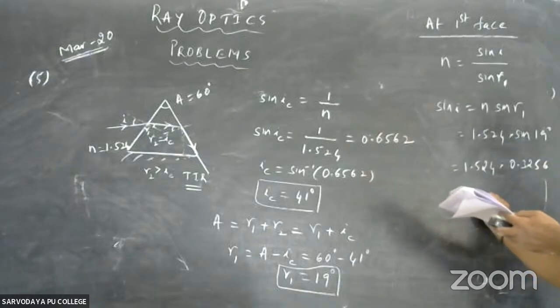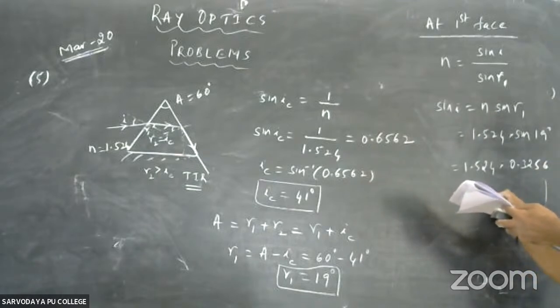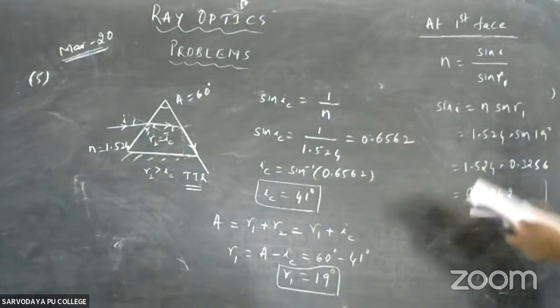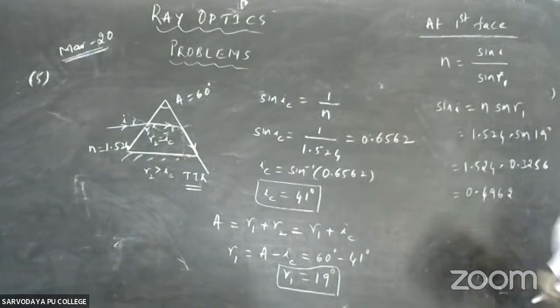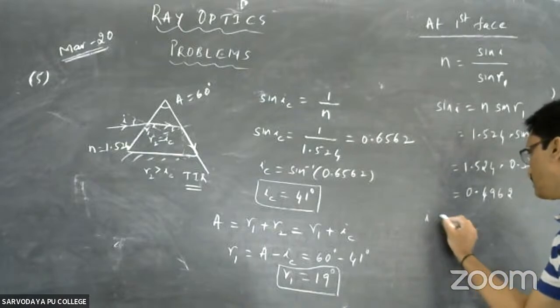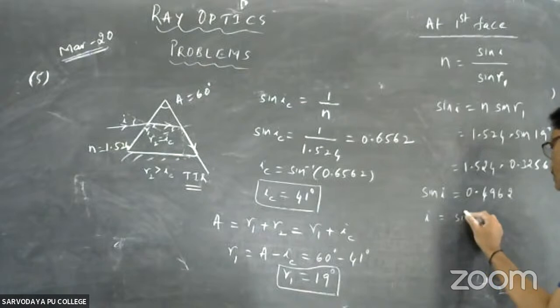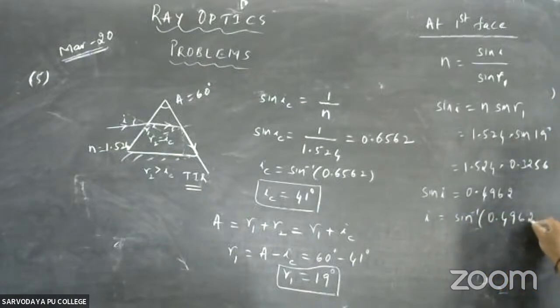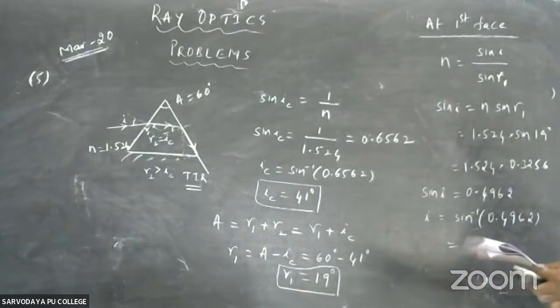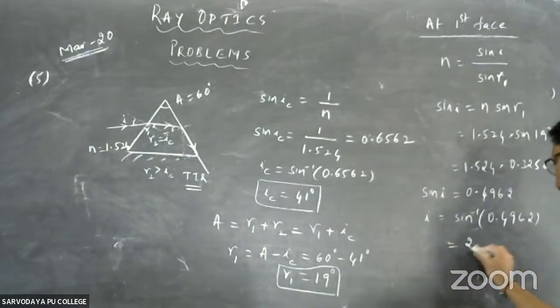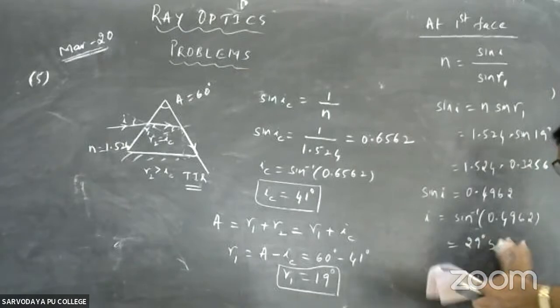This comes out to be 0.4962. This is only the value of sin. Therefore, I becomes equal to sin inverse of 0.4962. The value is 29 degree 45 minutes.